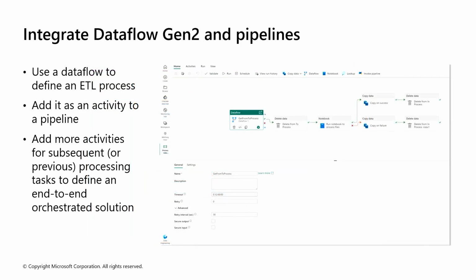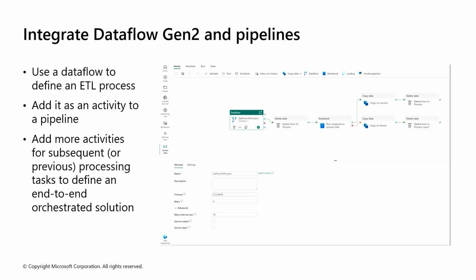The combination of data flows and pipelines is useful when you need to perform additional operations on your transformed data. Data pipelines are easily created in the data factory and data engineering workloads. Pipelines are a common concept in data engineering and offer a wide variety of activities to orchestrate.